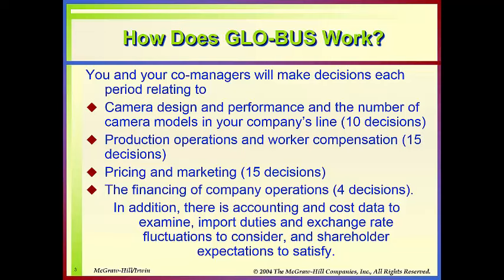So if we move on to pricing and marketing, about production operations, you've got to manage the warehouse, basically. It's a separate decision. Deciding what the production levels are going to be in the warehouse is different than just choosing what type of camera you're going to make.